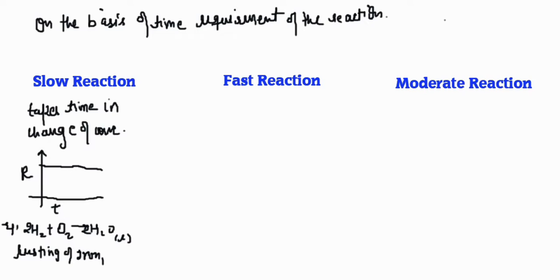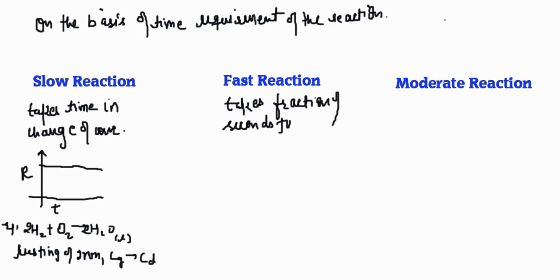Now what are fast reactions? Fast reactions are those that take a fraction of a second to complete. If we draw a curve of reactant versus time, it is very steep.